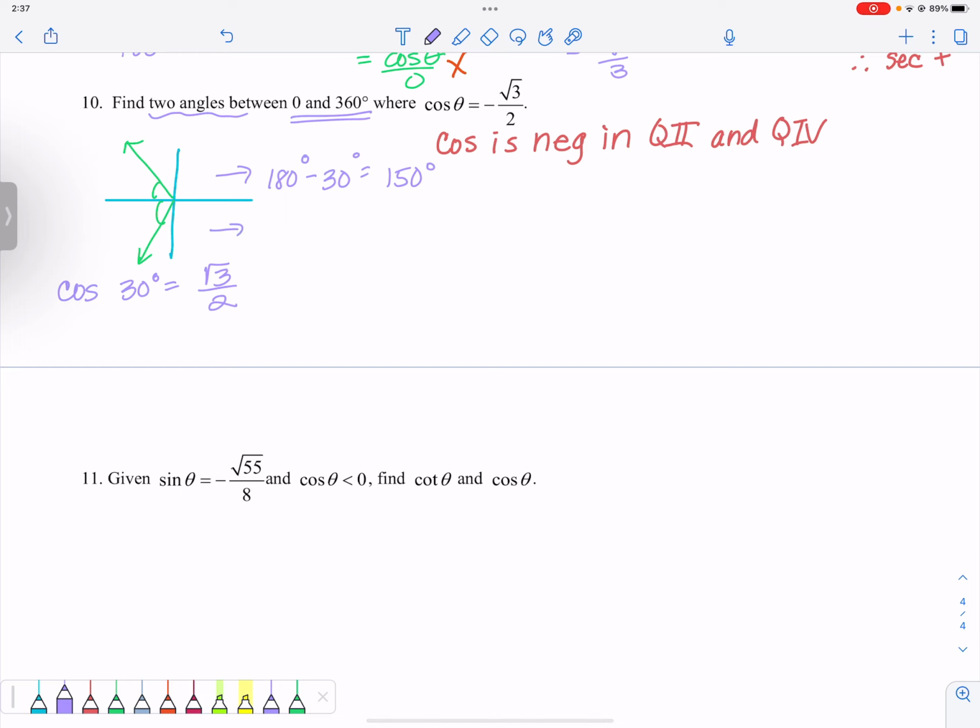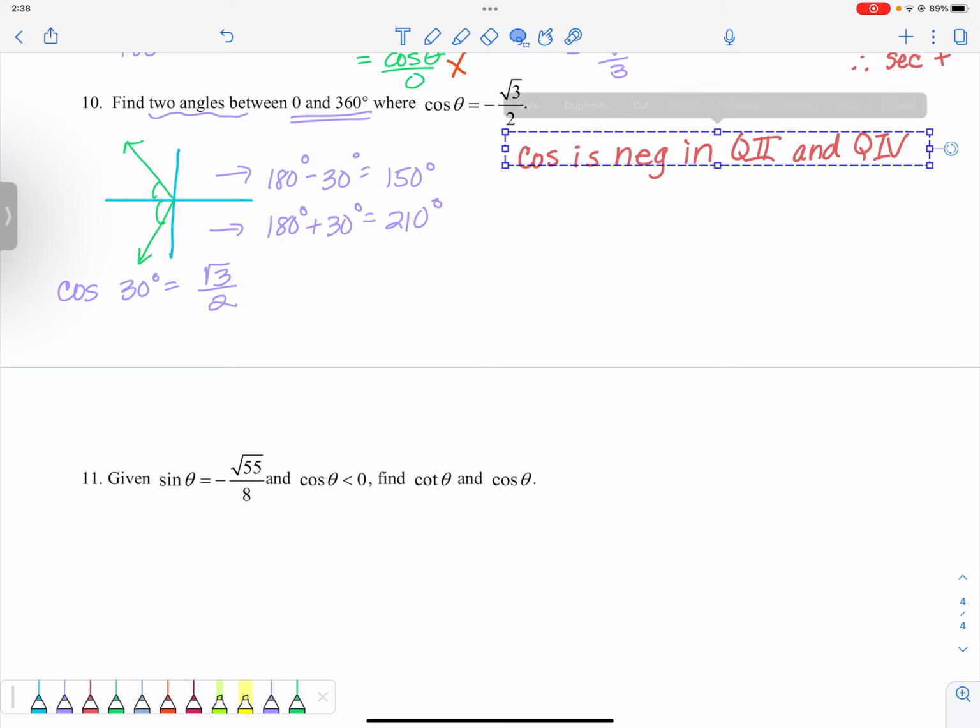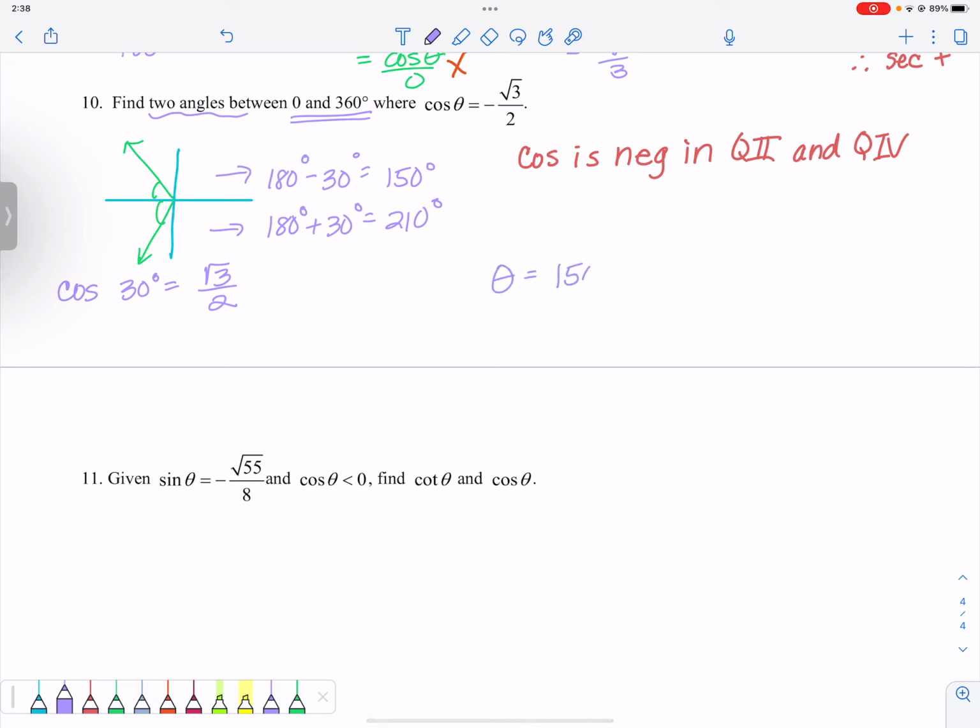And here we have 180 degrees plus 30 degrees, and we have 210 degrees. Okay, so now we can say that theta is equal to 150 degrees and 210 degrees.